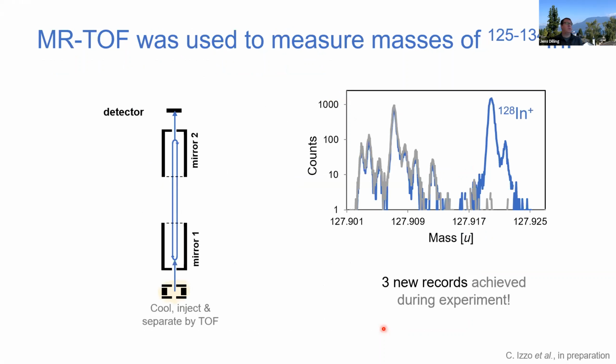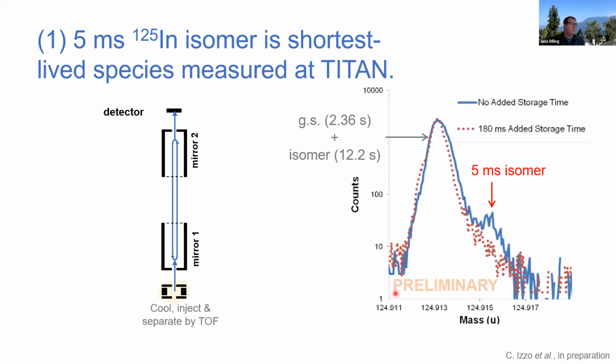So this is what we did here. We did measurements of these indium isotopes, and we actually managed to have 3 new records achieved during that measurement. The first measurement that we did was looking at an isomer. We had an isomer of 5 milliseconds, and that's the shortest-lived species that we've measured so far at the TITAN facility.